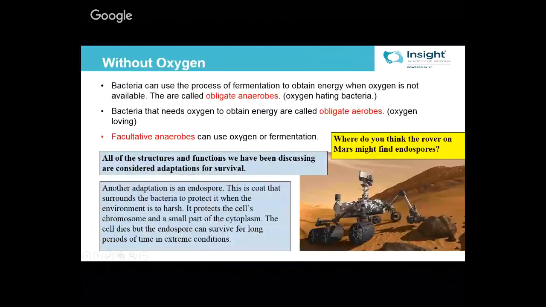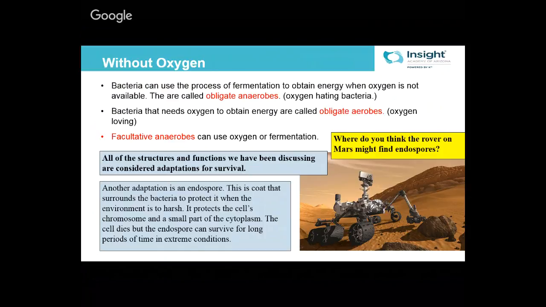Okay, so we talked a little bit about bacteria being able to function with oxygen or without oxygen, but now we can give that an actual name. So bacteria can use the process of fermentation to obtain energy when oxygen is not available.